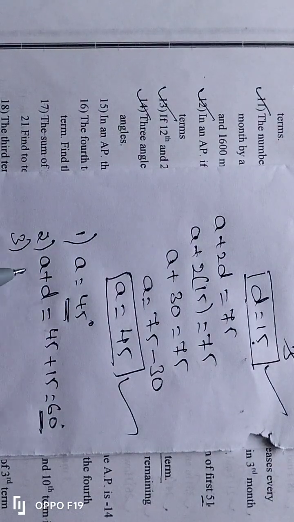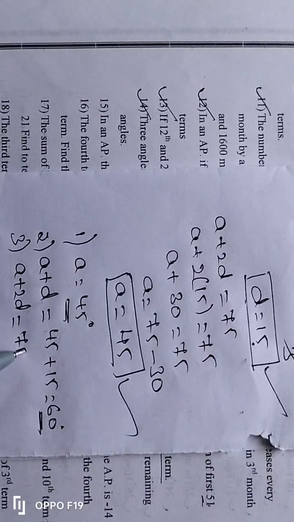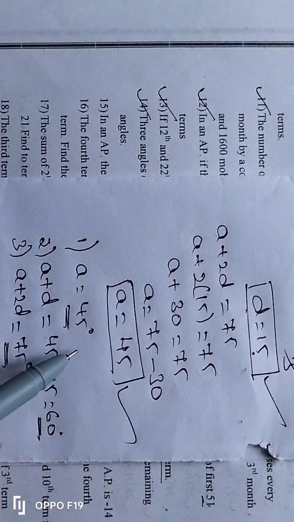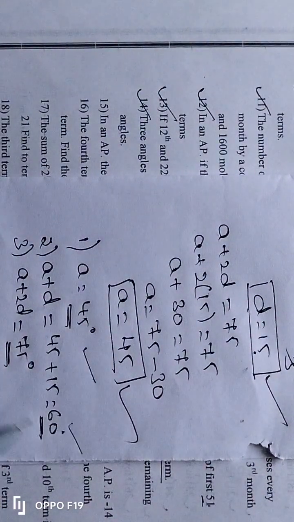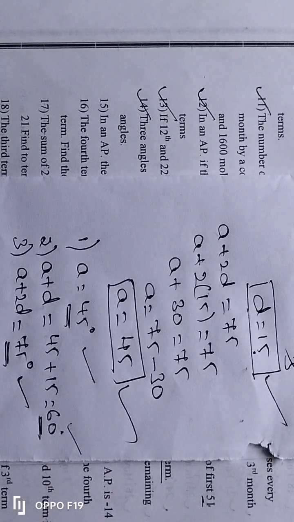And the third one is A plus 2D. Already in the question itself he has given that the largest angle of the triangle is 75 degrees. Therefore, the three angles of the triangle are 45 degrees, 60 degrees and 75 degrees. So like this we have to solve the 14th question. Now let us move to the 15th question.